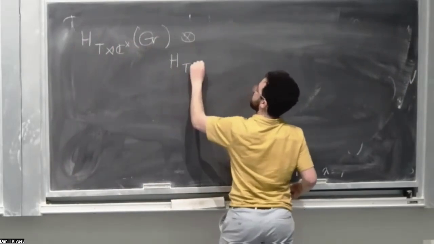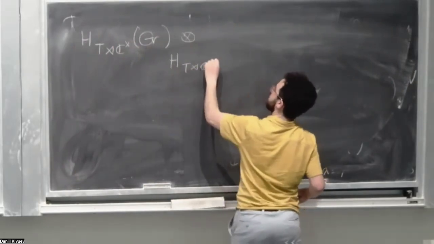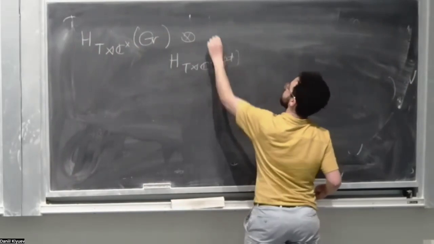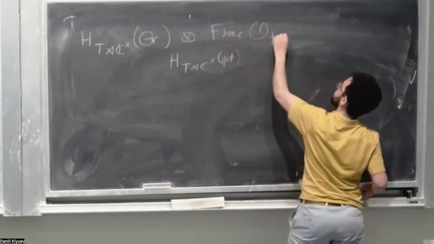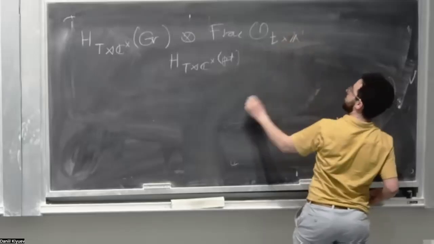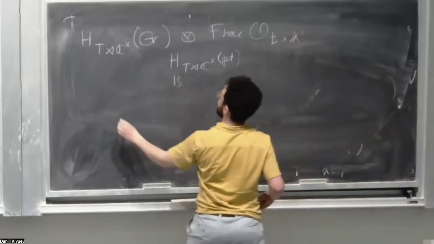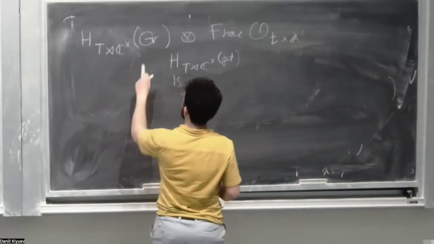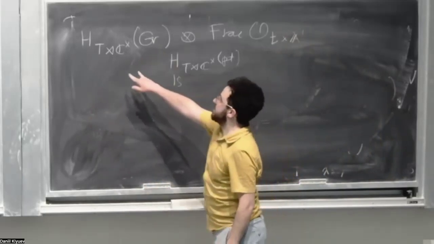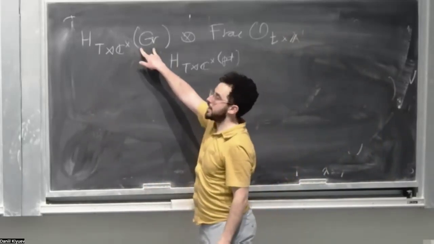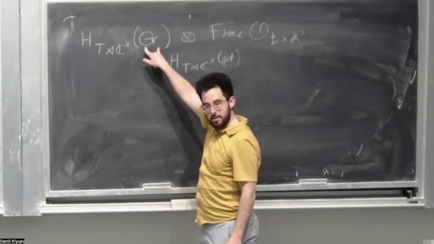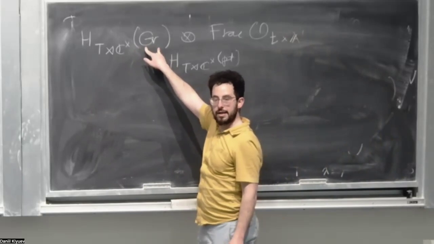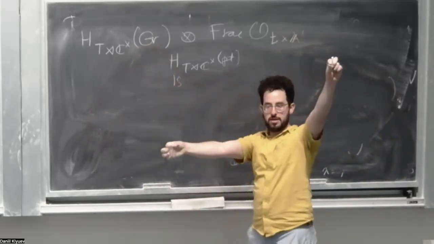Tensor over that with its fraction field is going to be the same as doing the same thing, but just for the T times C star fixed points of the Affine Grassmannian. Now, if you remember, the only T fixed points of the Affine Grassmannian are the points t to the power lambda, like the diagonal matrices with t to the power something.